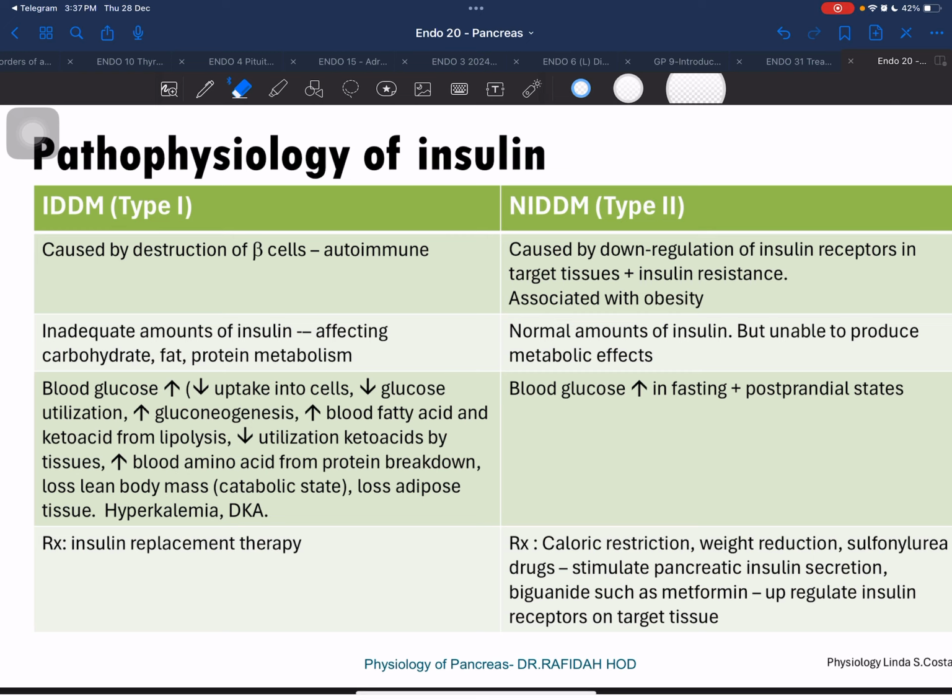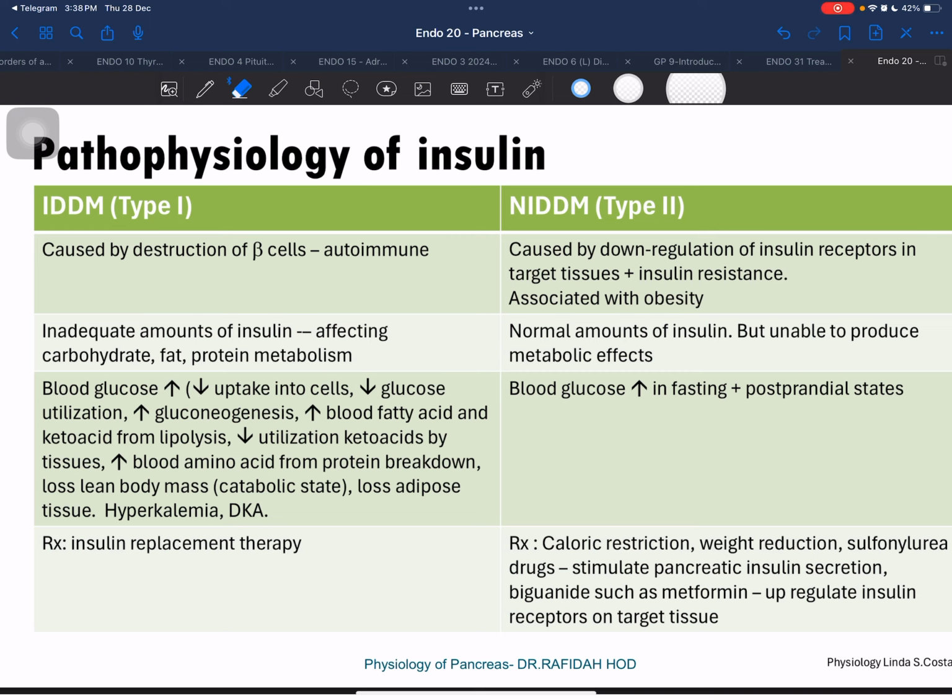For type 2, which usually develops in adults, when they are older, it is usually caused by downregulation of the insulin receptors in target tissues and insulin resistance. And it is usually associated with obesity. But in this textbook, there is no relation to genetics. Usually when we take history from a patient, we ask about family history, whether anyone has diabetes or high blood pressure.